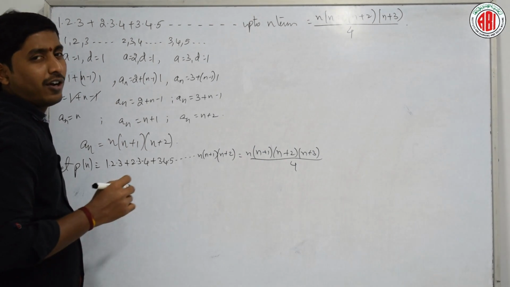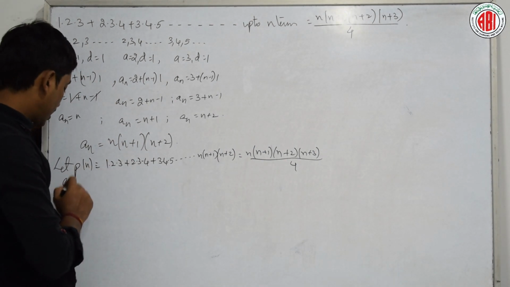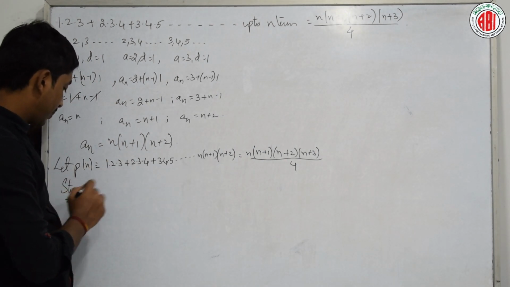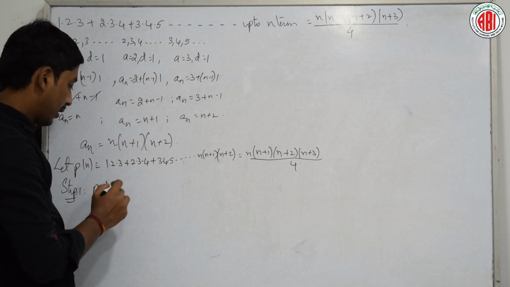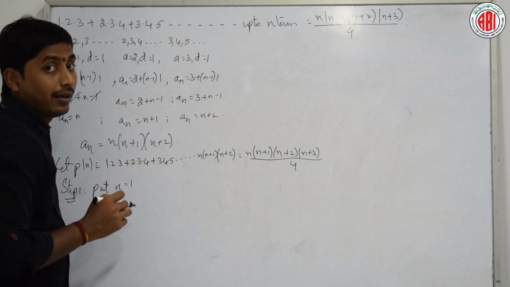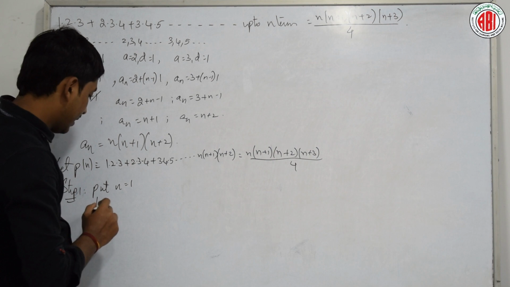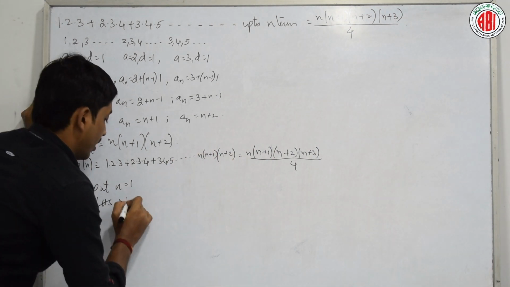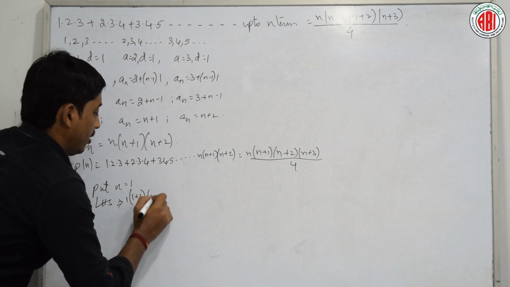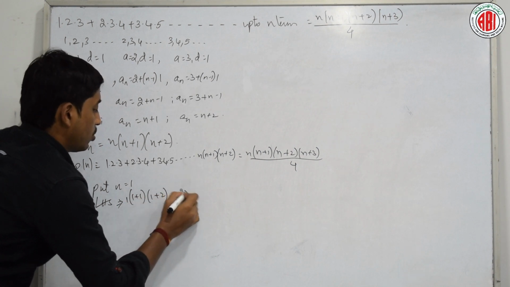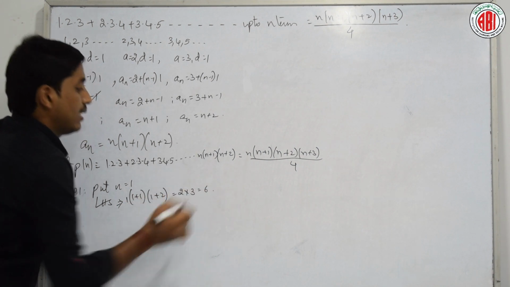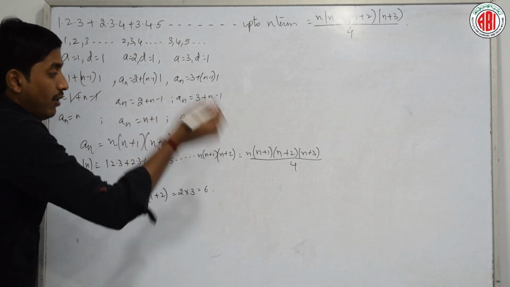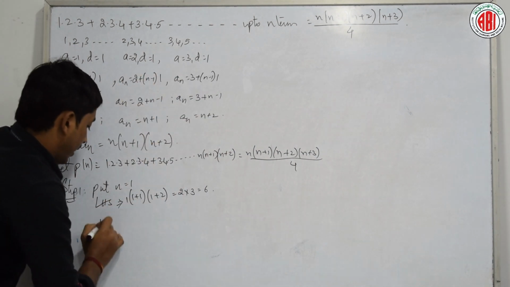Is it okay? What will be my first step now? Step 1 is put n is equal to 1. Then what is my LHS? LHS will be 1 into 1 plus 1 into 1 plus 2, that is 2 into 3, that is equal to 6. Is it right?